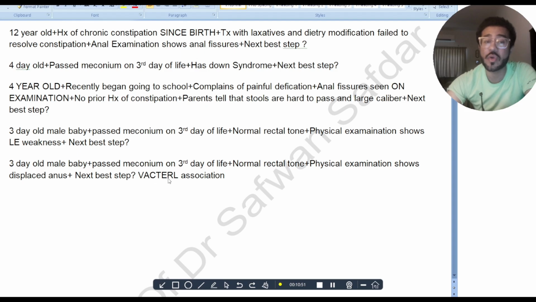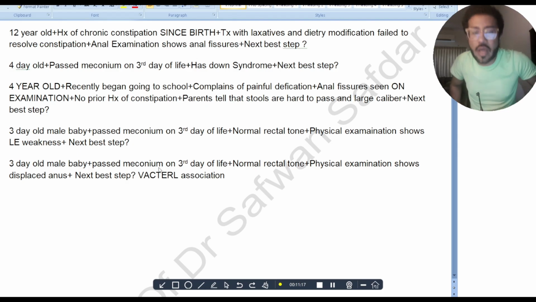For tracheoesophageal fistula, obviously, it's really apparent on the physical examination, since the baby cannot drink any fluid. He starts choking since the esophagus ends in a blind pouch and connects with the trachea. So you're gonna have asphyxia, you're gonna have aspiration, and the baby is gonna cough out everything that he drinks.